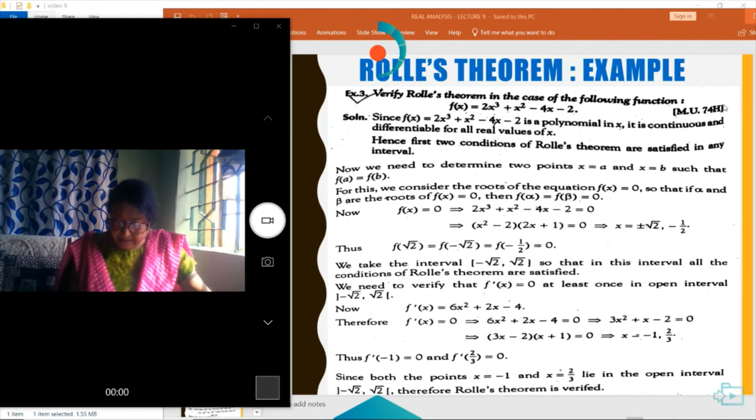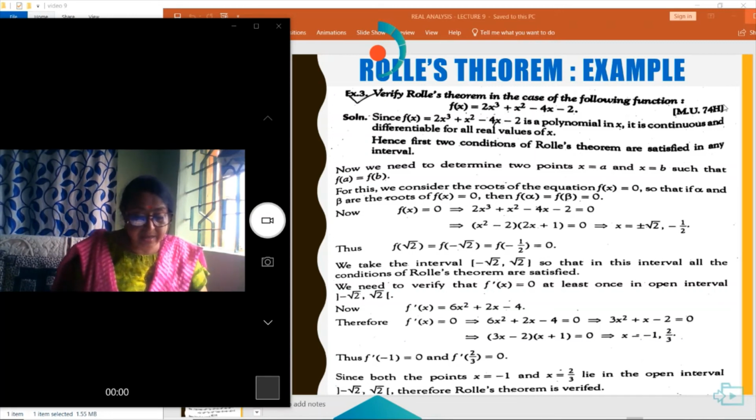Here it is written that it is continuous and differentiable, but at the time of the exam, you have to show whether it is continuous or differentiable or not. Then proceed further. Hence, the two conditions of Rolle's theorem are satisfied.